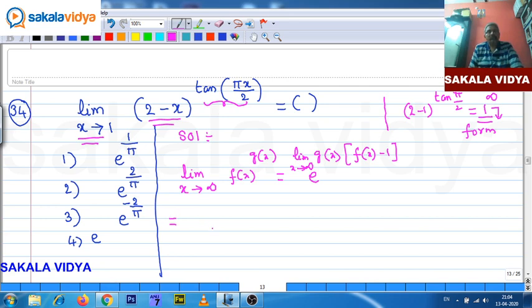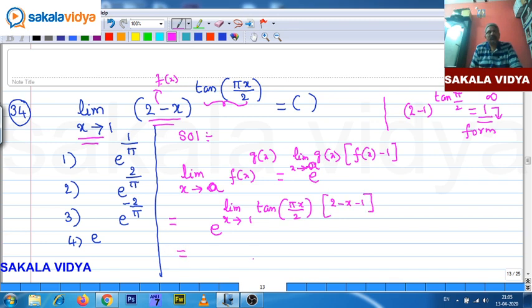So now, this is equal to e to the power of limit x approaches 1, anything you can write, limit x approaches a also we can write, no problem. Here g of x is tan of pi x by 2 into f of x minus 1, that is 2 minus x minus 1.